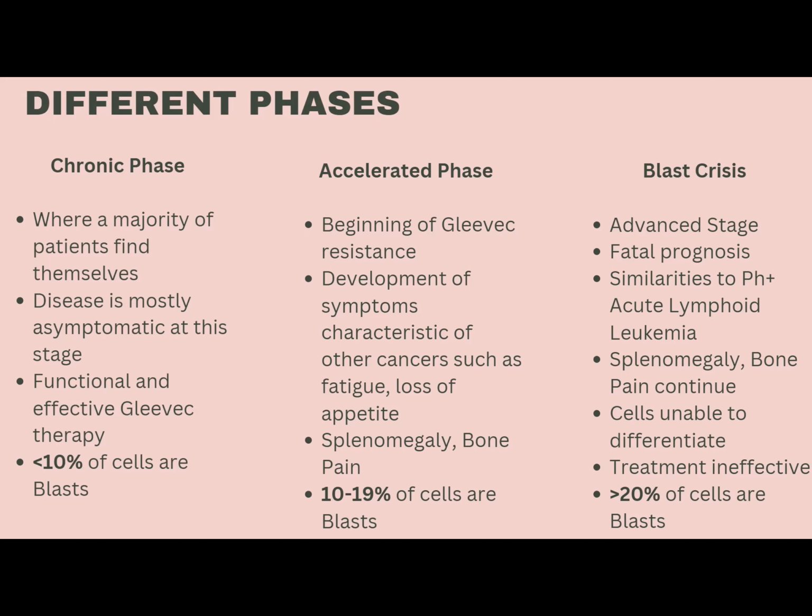Splenomegaly and bone pain continue, and your cells start being unable to differentiate into their more specific kinds the more mutations you have. And here, you're going to have a number of blast cells that is greater than 20%. That shouldn't be happening.